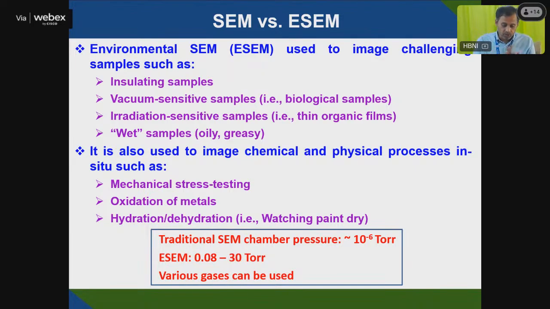In addition to SEM, we have an environmental SEM, that is ESEM. For example, you have a bacteria or virus sample and you are going to keep it in a normal scanning electron microscope. What happens there is you have a vacuum and the energy of the electron beam is much higher, like 30 to 40 kV.